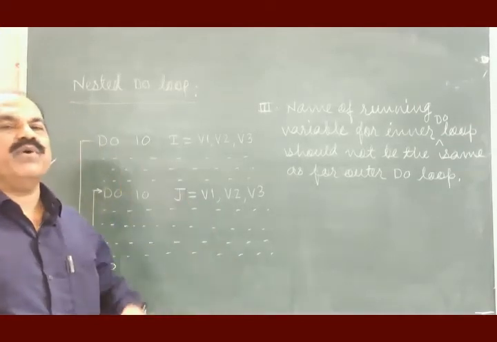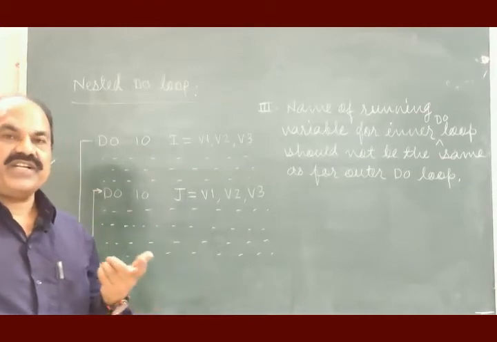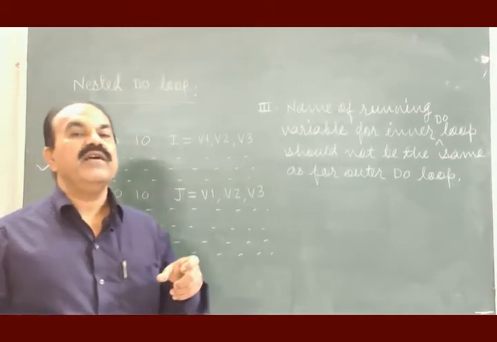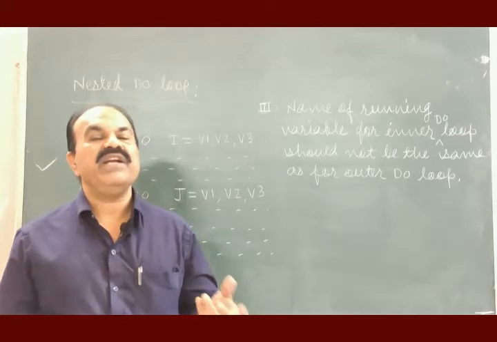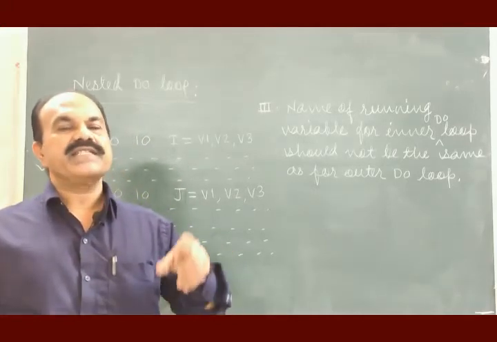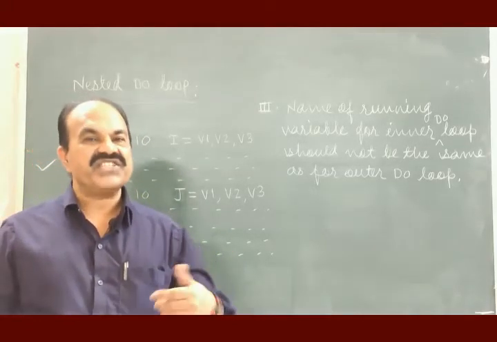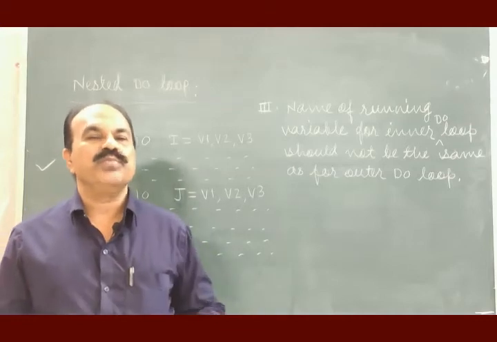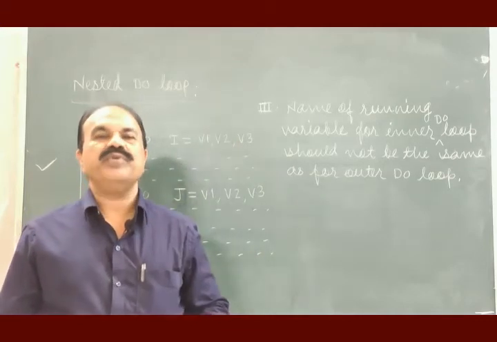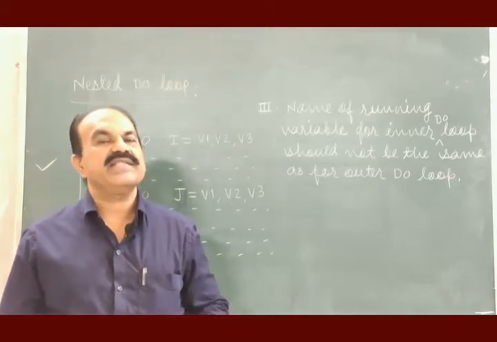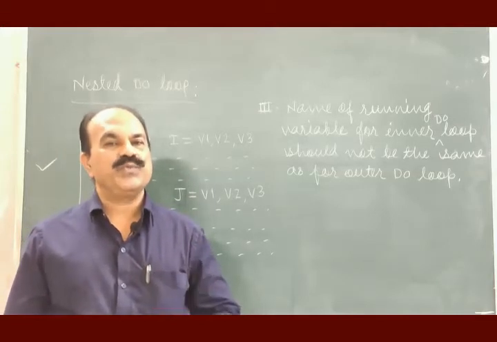This is about the nested do loop. When one do loop is completely enclosed, completely inside another do loop, that structure of do loops is known as nested do loops.